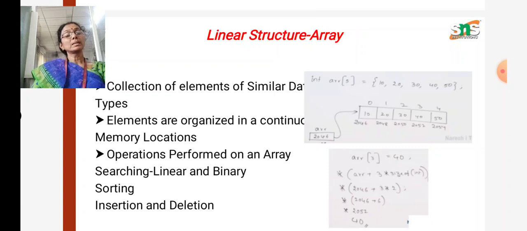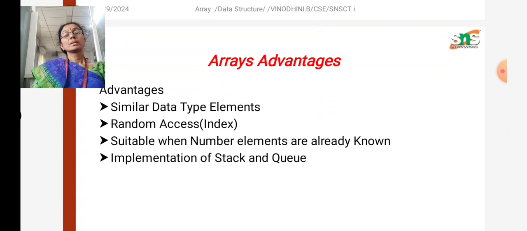You already studied the array concept in C also. The advantages of arrays are that the elements are of a similar data type and we can do random access. Using the index value we can refer to an element or insert an element at the corresponding index.